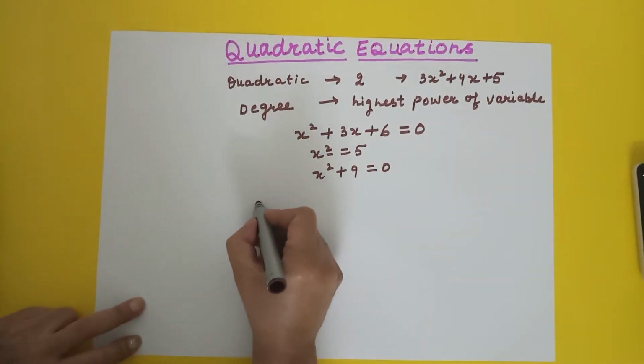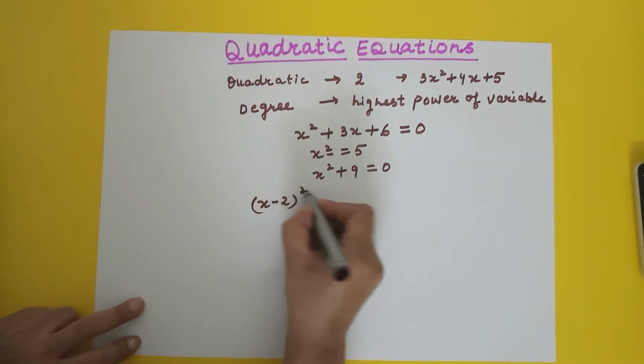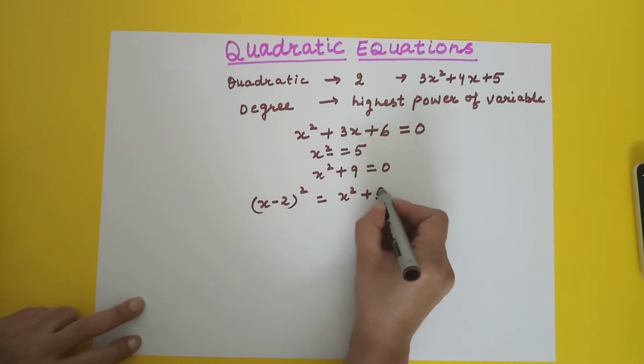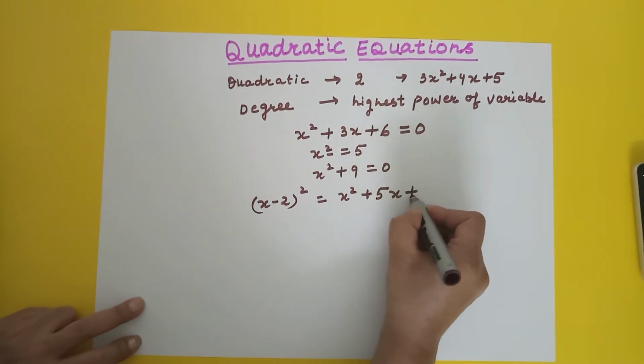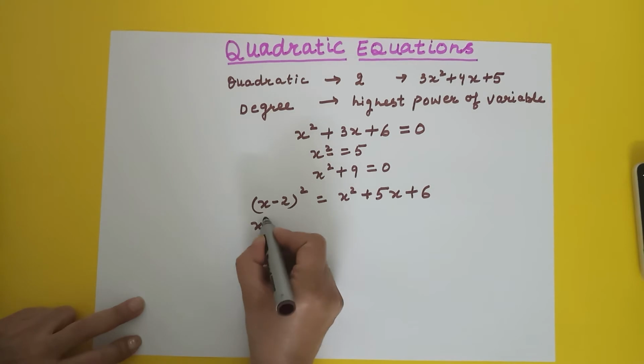Now let's check this equation. (x minus 2) whole square is equal to x square plus 5x plus 6. Now tell me, is it a quadratic equation? Let's check. Let's open this up.